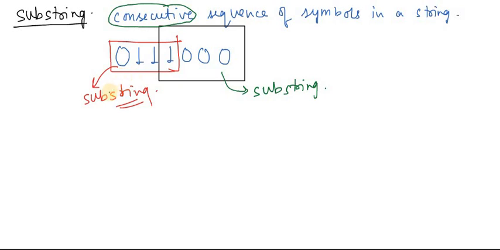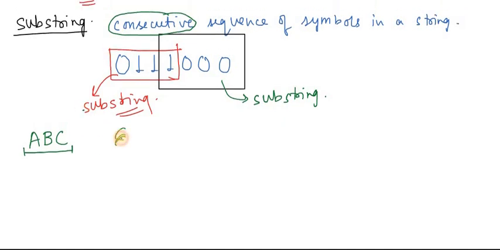Now let us see how many substrings in total we can get from a string. Suppose that I have a string of length 3, that is A, B and C. How many substrings can I form from this string? First of all, substrings of length 0, that is epsilon. Then substrings of length 1, that will be A, B and C, 3 such substrings.